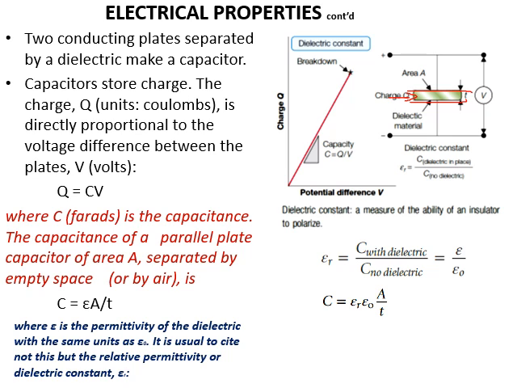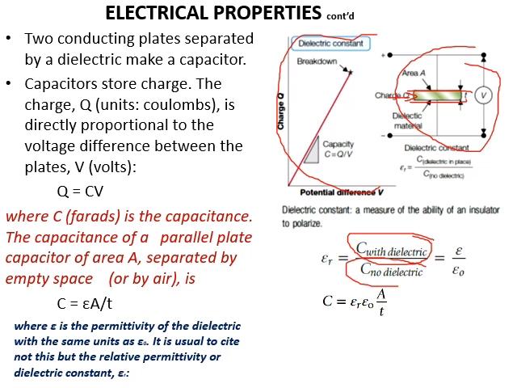From that measurement you can get a graph of charge Q versus potential difference V. From the slope of the two axes you get C, which is equal to Q divided by V. So the dielectric constant is a measure of the ability of an insulator to polarize: epsilon r equals C with the dielectric divided by C with no dielectric. Basically you get this equation.